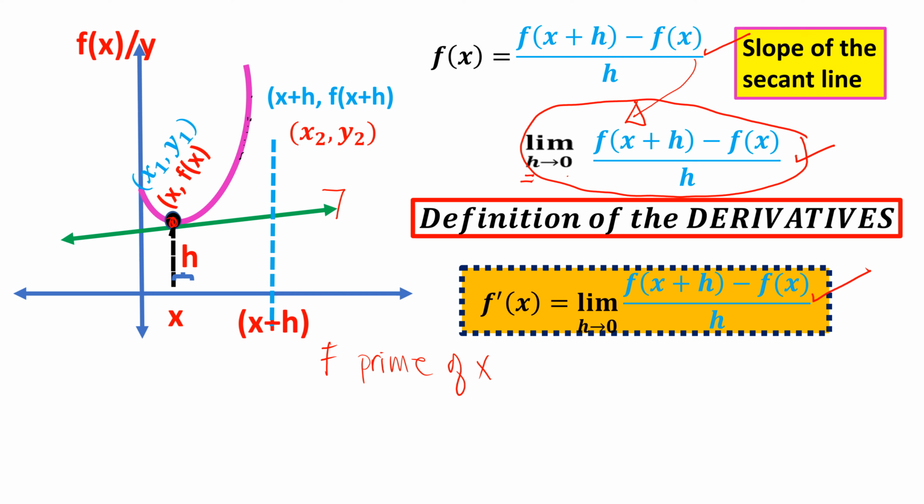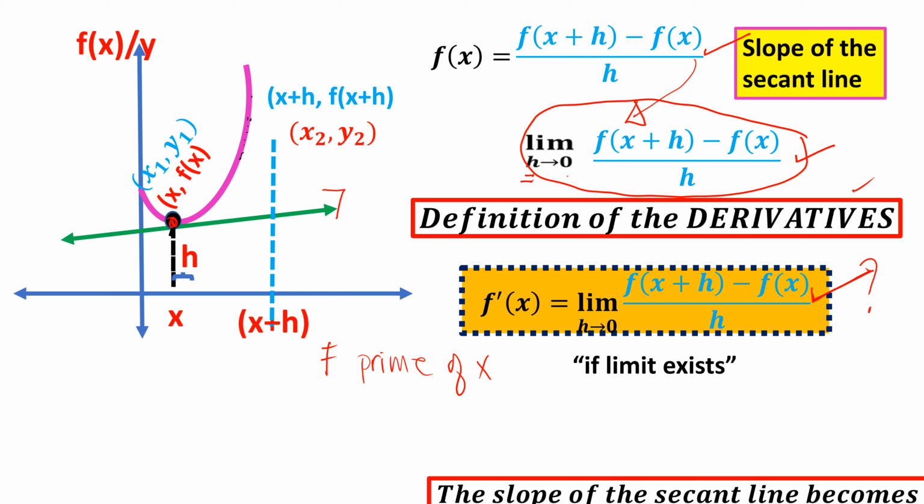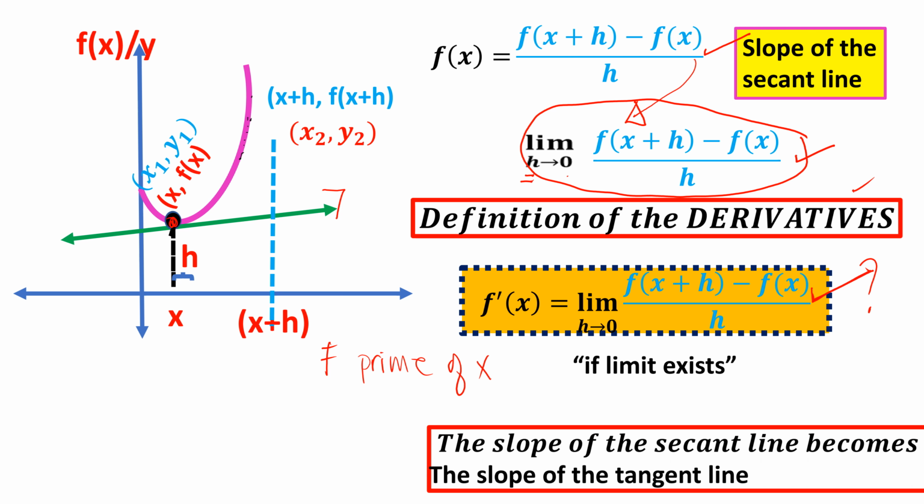But the question is, what is the use of this formula in such a way that we will be getting the slope of the tangent line? Again, this expression defines the derivatives. Let us try to use this formula. The slope of the secant line becomes the slope of the tangent line. So that is what we did in the previous slide.